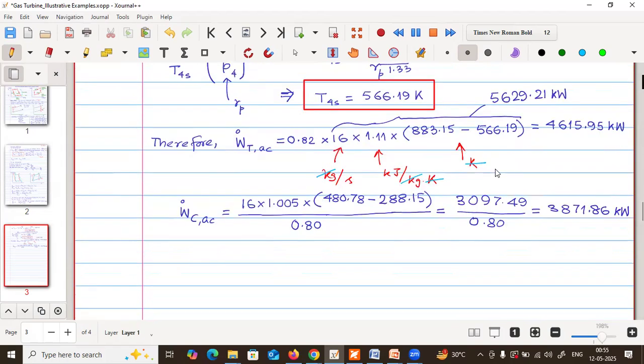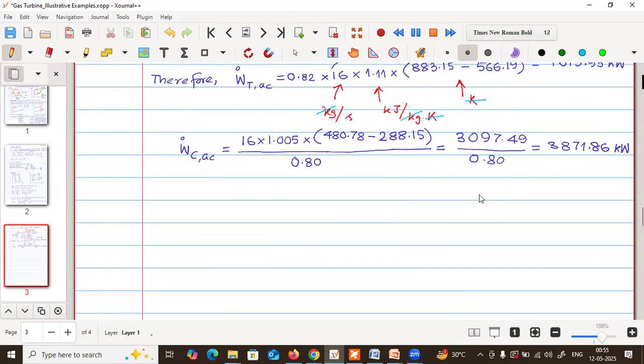Okay. Next, now we can calculate the ones which are required for the solution.